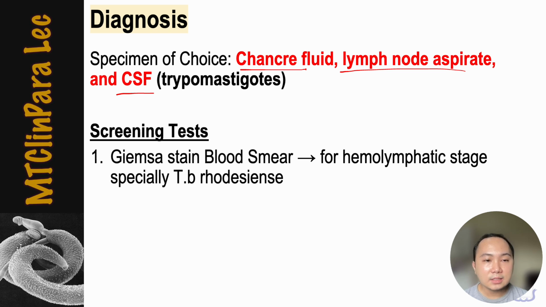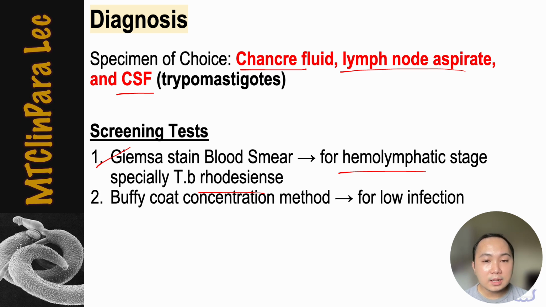So the screening test, the first one is your Giemsa blood stain or Giemsa blood smear stain, especially for early stages or hemolymphatic stages. This is more commonly for rhodesiense since this is the acute type of trypanosomiasis. Another screening test that we can use is what we call the Buffy coat concentration method.